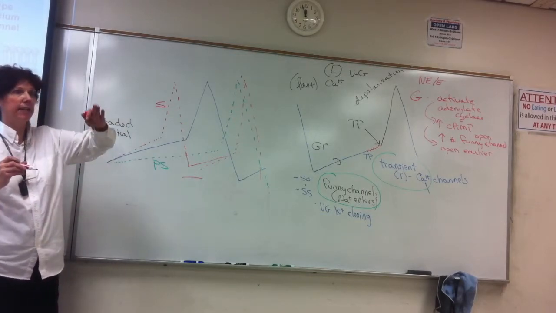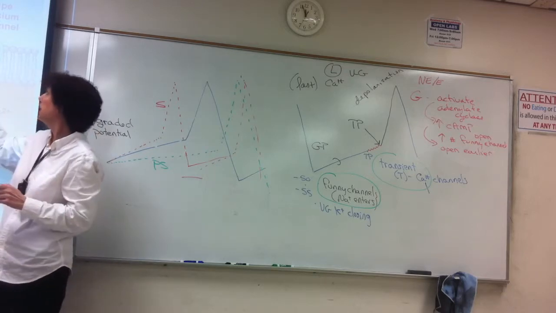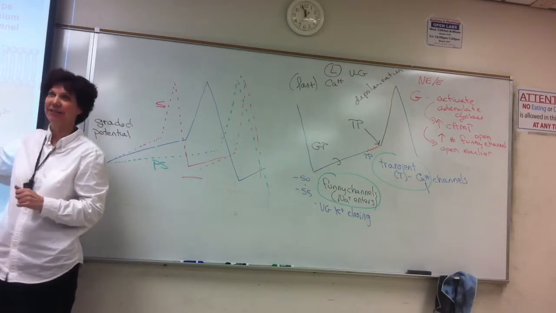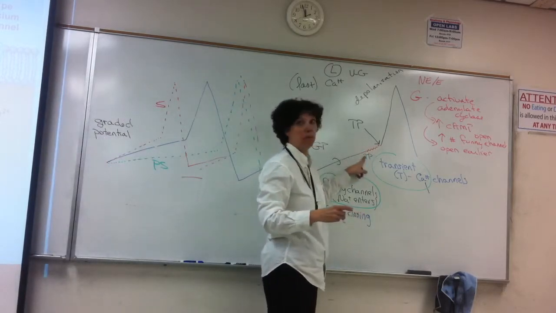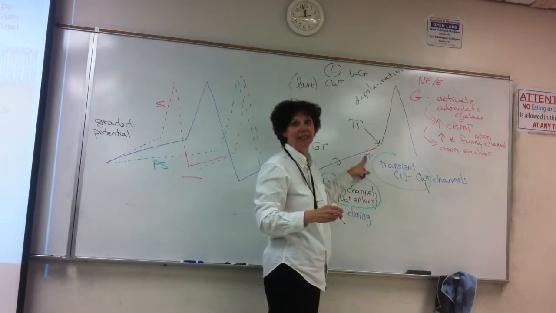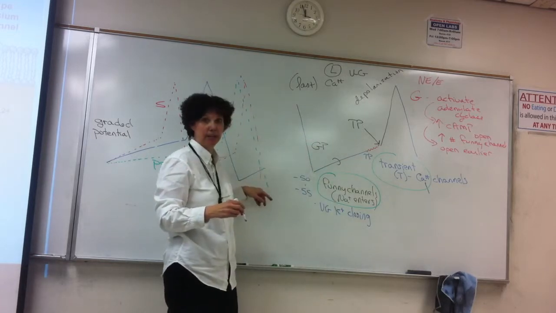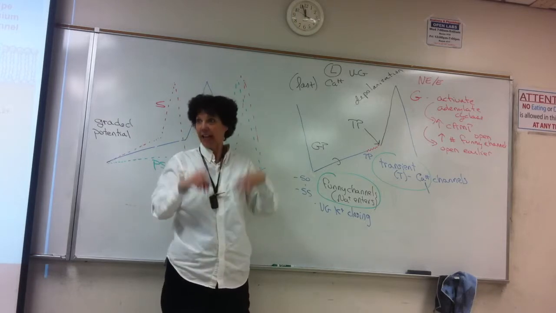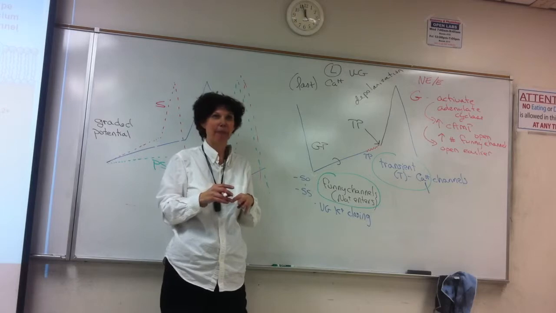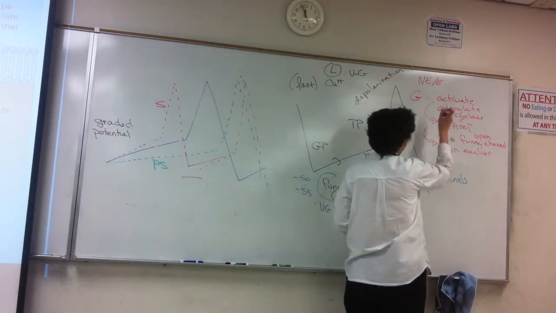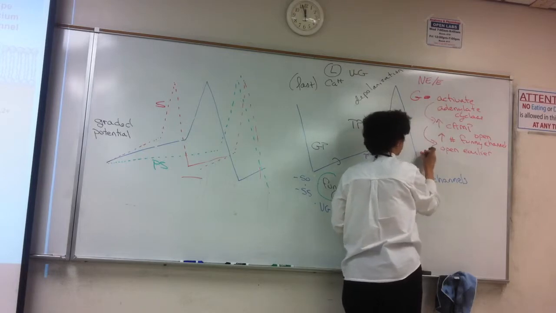We also increase the rate at which we add positive ions because they will open the transient calcium channels. So these transient channels here, more of those will open. So not only do we not have to wait for the cell to hyperpolarize as much, but we have more positive calcium channels open, and we're adding calcium at a faster rate.